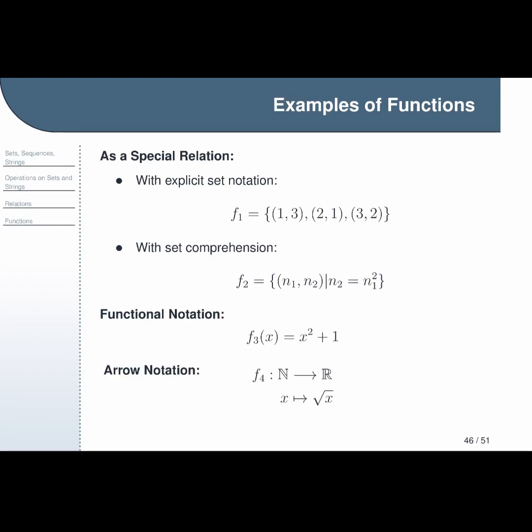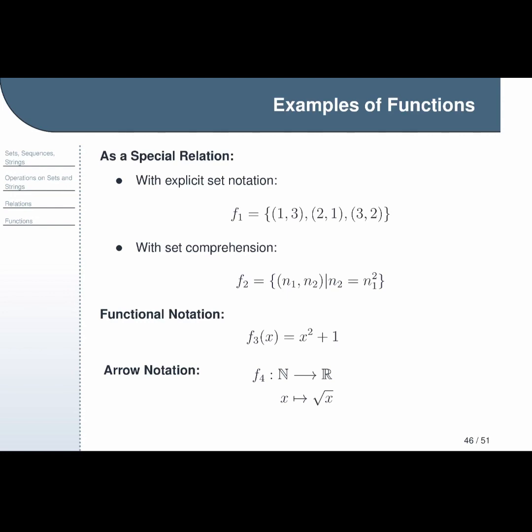And finally, you may have seen this arrow notation, which is convenient for representing the domain and the codomain, and the rule is given as a mapping. This is kind of useful for highlighting the idea that a function is moving from one set to another and creating some mapping between them. So hopefully that is enough notation to get you started.